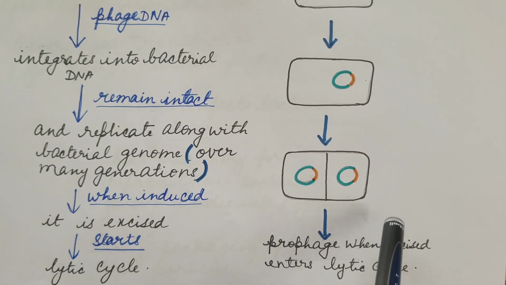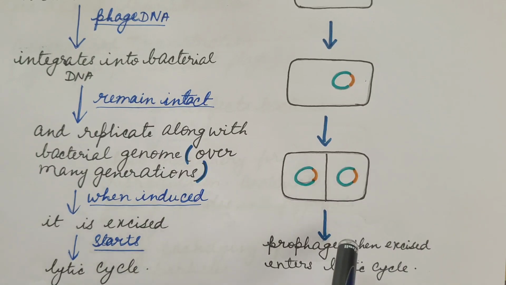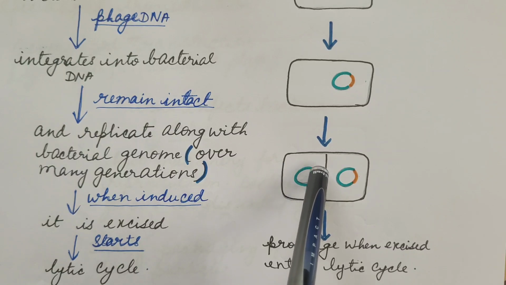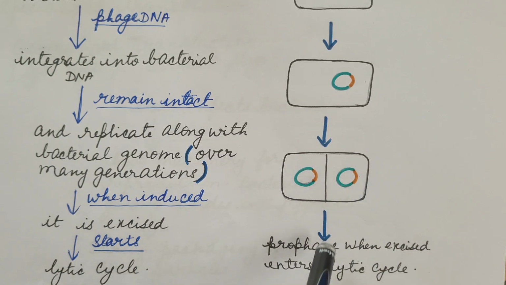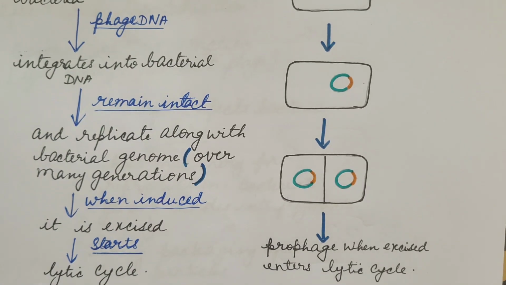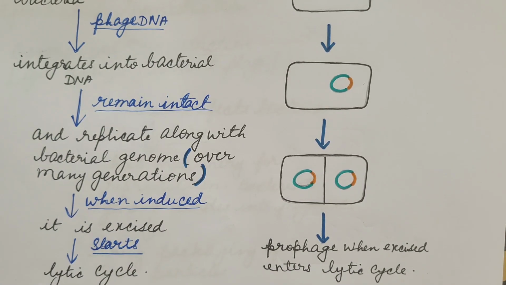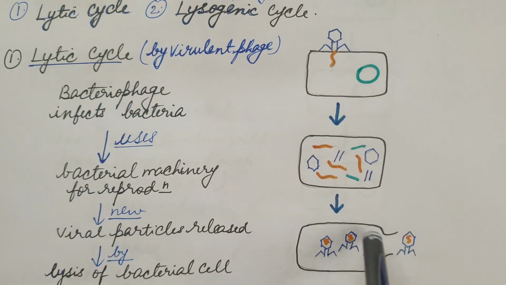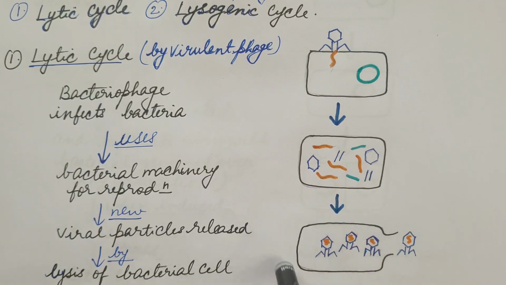Sometimes it is induced in the presence of UV radiation or certain chemicals. Then this phage genome is excised and it enters the lytic cycle. That means it takes the host machinery and starts reproducing. Then new viral particles are formed and these are released by the rupture or lysis of bacterial cell.